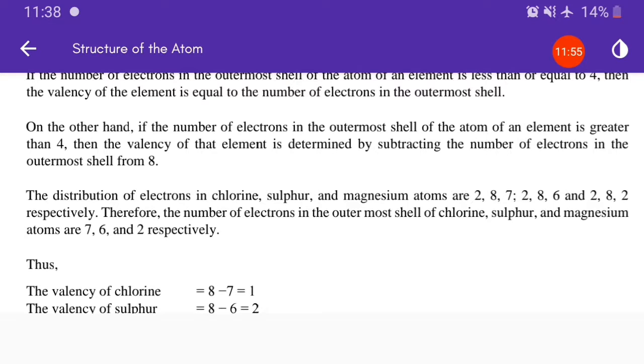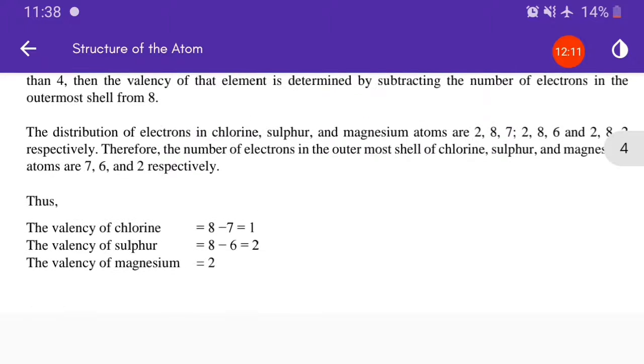Next, the distribution of electrons in chlorine, sulfur and magnesium atoms are 2, 8, 7 for chlorine, 2, 8, 6 for sulfur and 2, 8, 2 for magnesium. Therefore, the number of electrons in the outermost cell of chlorine, sulfur and magnesium atoms are 7, 6 and 2. So the valency of chlorine is 8 minus 7, that is 1, so it is minus 1.